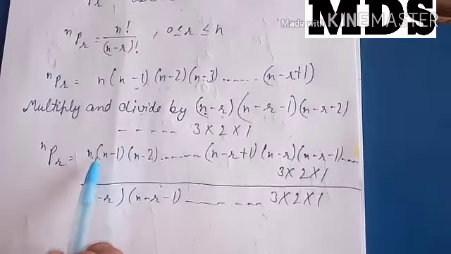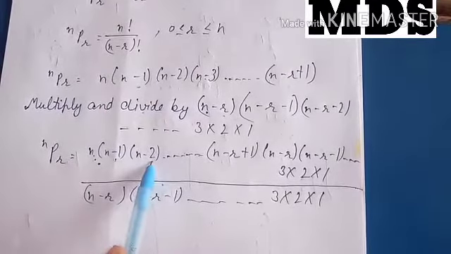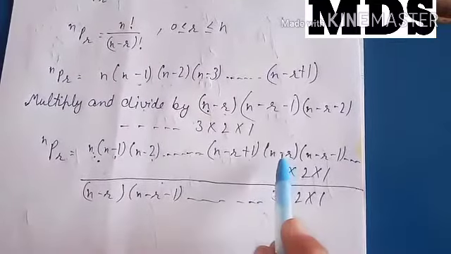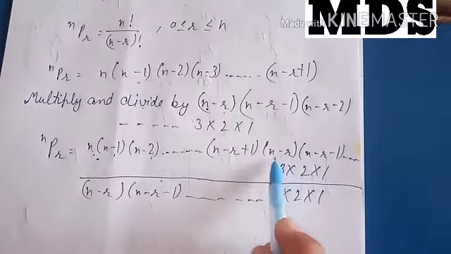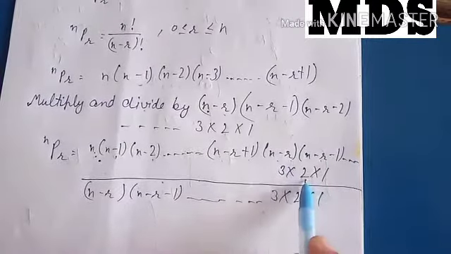What is n factorial? n into n minus 1 into n minus 2, in this way, now here is n minus r plus 1. So after that it is multiplied by n minus r, then multiplied by n minus r minus 1, in this way into 3 into 2 into 1.